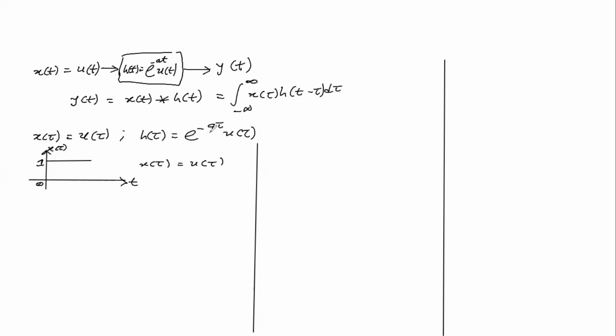Now, we see that this exponential curve is multiplied by u of tau, so the growth from negative infinity to 0 will be taken care of, because it is multiplied by 0. So the only part that will exist is the part between 0 and positive t, right? So let us draw what we have here.